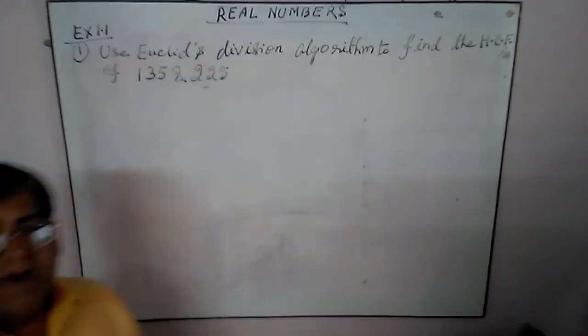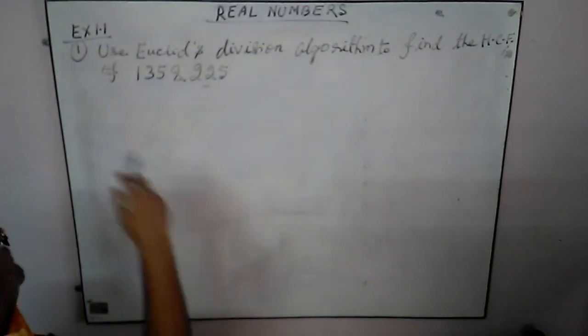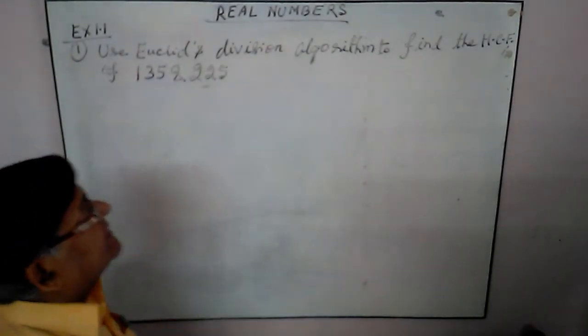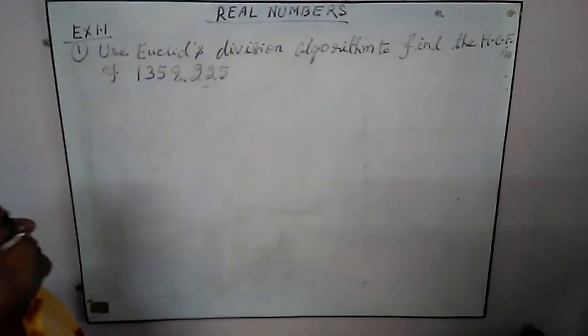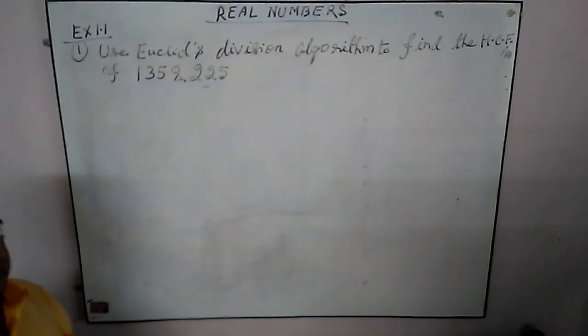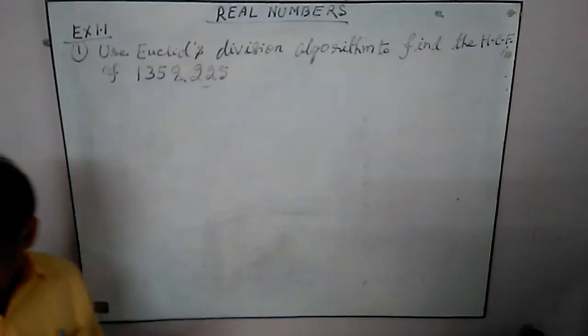So I am reading this sum: use Euclid's division algorithm to find the HCF of 135 and 225. So we will use the Euclid's algorithm method.